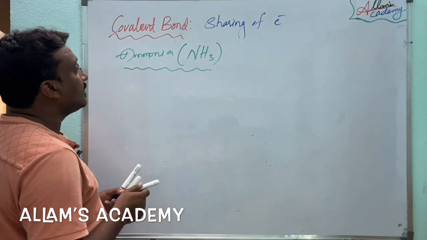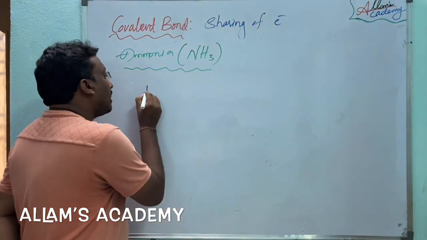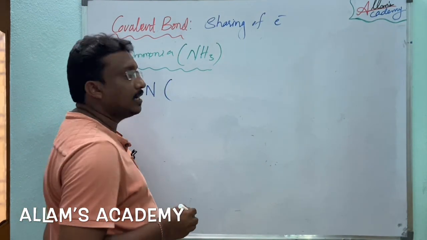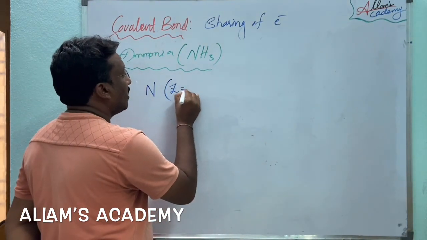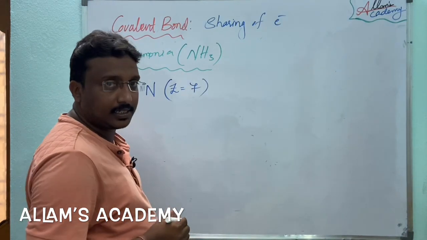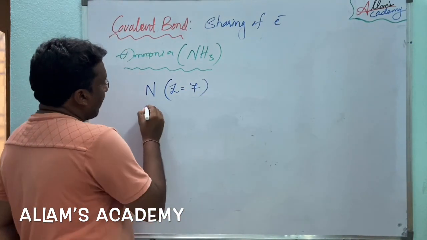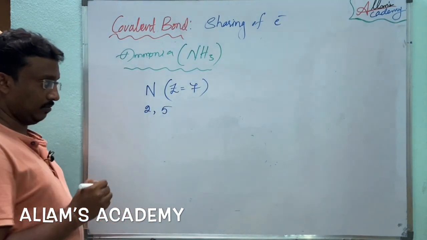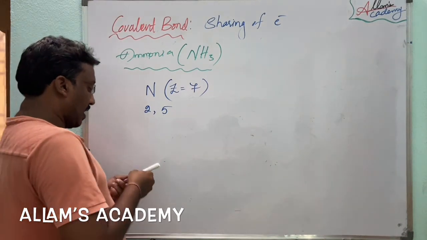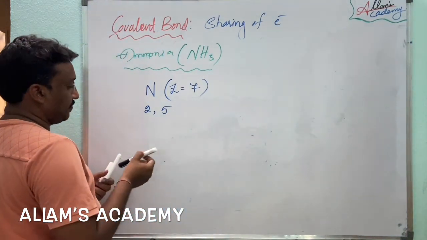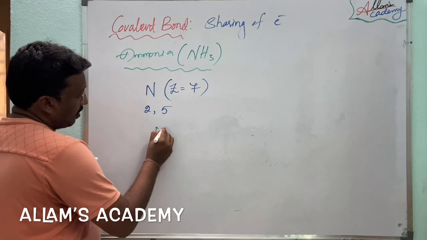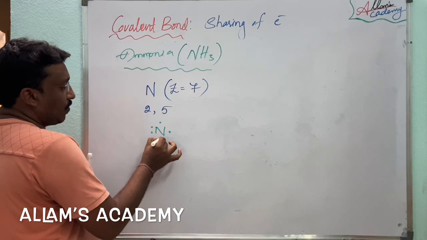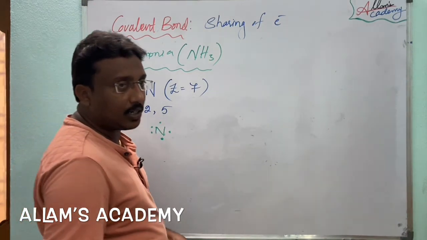See here, nitrogen. What is the atomic number of nitrogen? 7. Then electronic configuration 2, 5. Electron dot structure: 1, 2, 3, 4, 5. We will show only valence electrons.